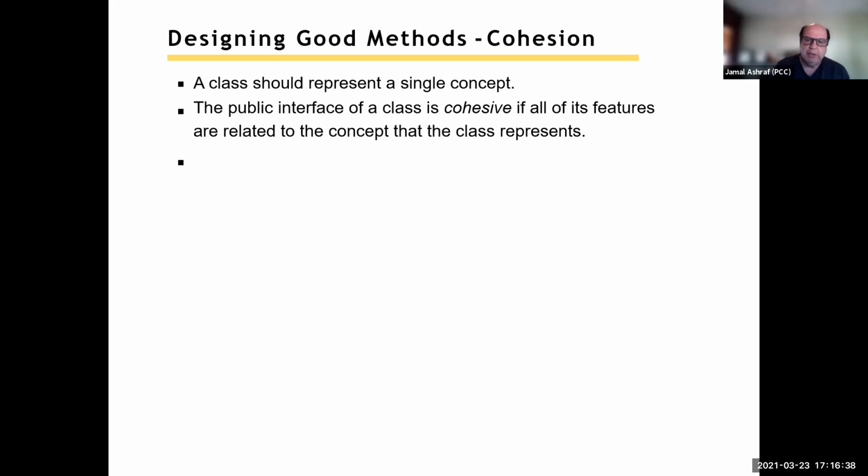Now, when we're talking about cohesive, that means everything that I have in my methods is going to be directly connected to my class. So I cannot say my public interface is my neighbor's door. It has to be connected to my own class. And you'll be surprised at how many times we do that.